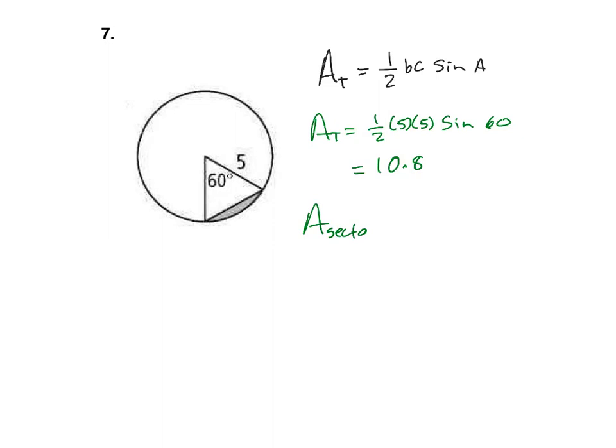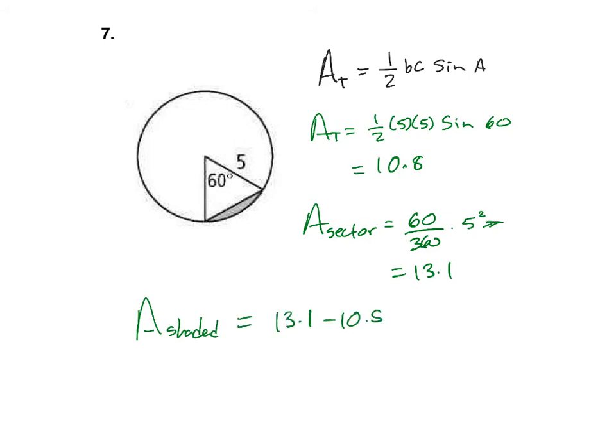So that area, the sector, is going to be 60 over 360 times 5 squared pi. So this is 13.1. So the area of the red shaded region equals 13.1 minus 10.8. So again, the whole area including that there minus the triangle. So 13.1 minus 10.8 equals 2.3 units squared.